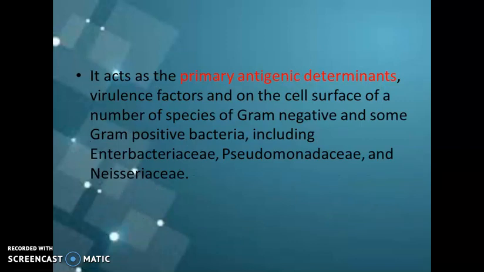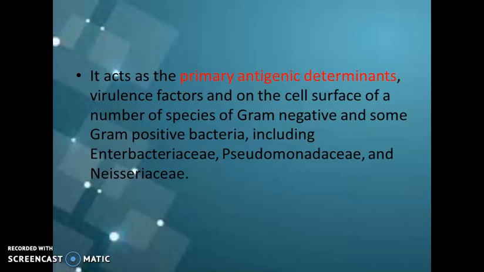Pili act as primary antigenic determinants and virulence factors on the cell surface of a number of gram-negative and gram-positive bacteria.